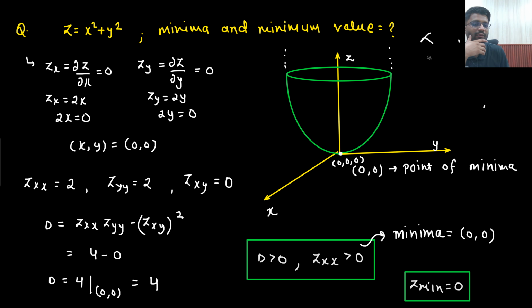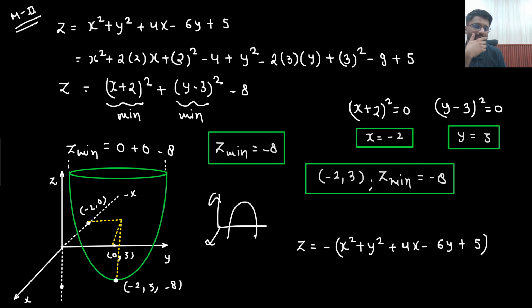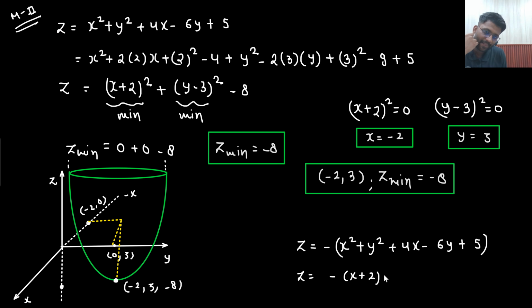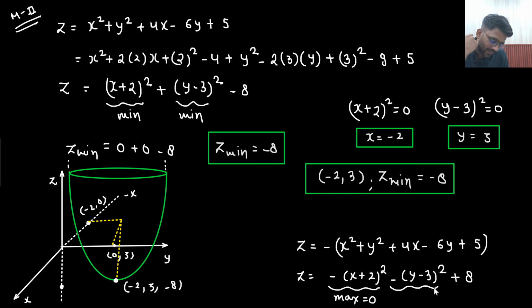Now here in this scenario, what will happen? Think about it. What will be the maximum value that we will be getting? So z could be written in this manner: z equals minus (x minus 2) whole square minus (y minus 3) whole square plus 8. So what will be the maximum value of this? With the negative sign I am taking, maximum value of this would be 0. What will be the maximum value of this?